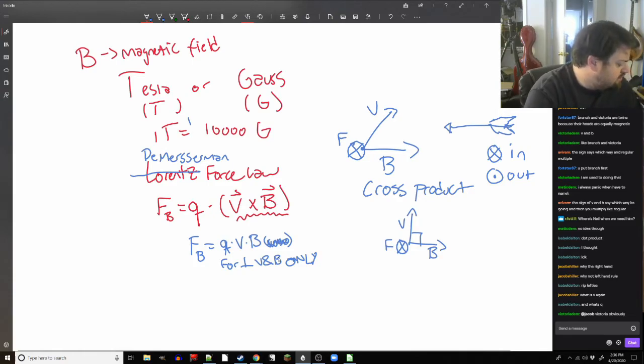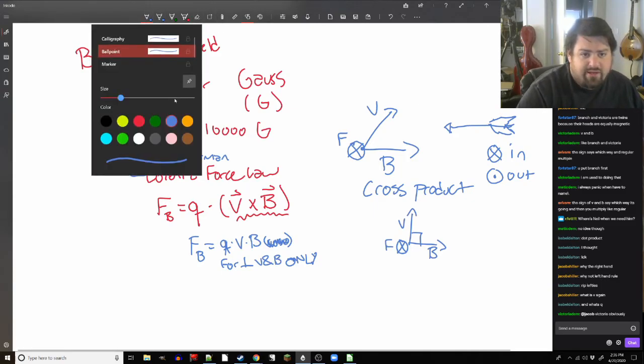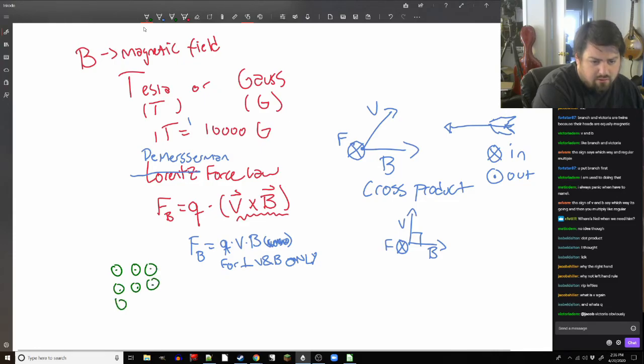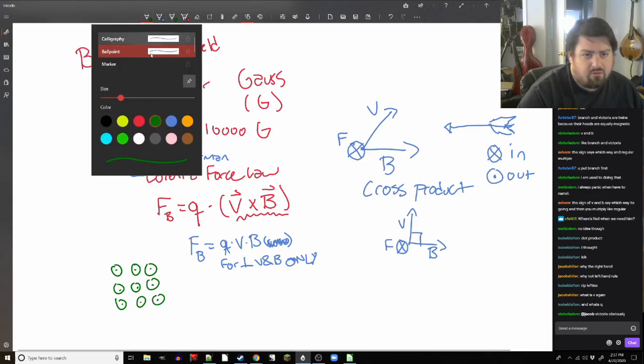Let me look at my notes. What else do we have to look over? Oh, for problem 12. For problem 12, it actually asks you what the radius is of the circle that the particle makes. So what really is going on, let's say you have a magnetic field coming out of the screen, and you have a particle moving up through it.